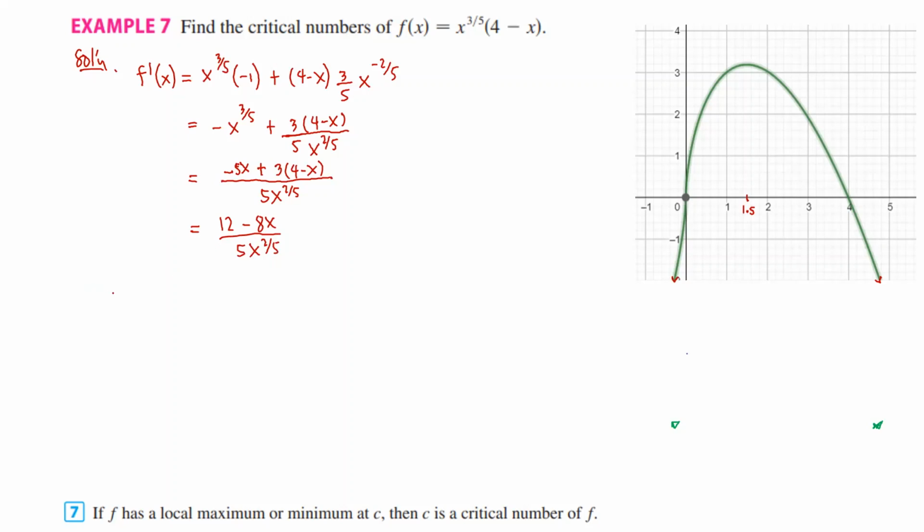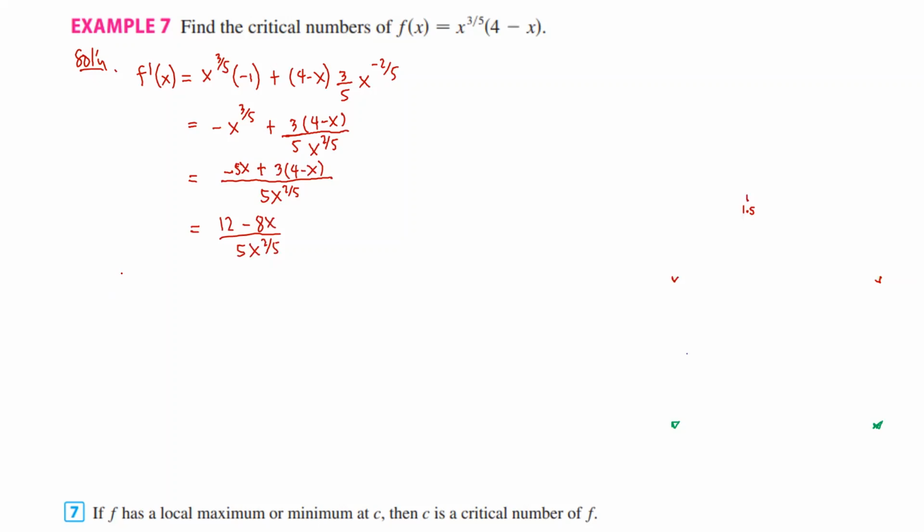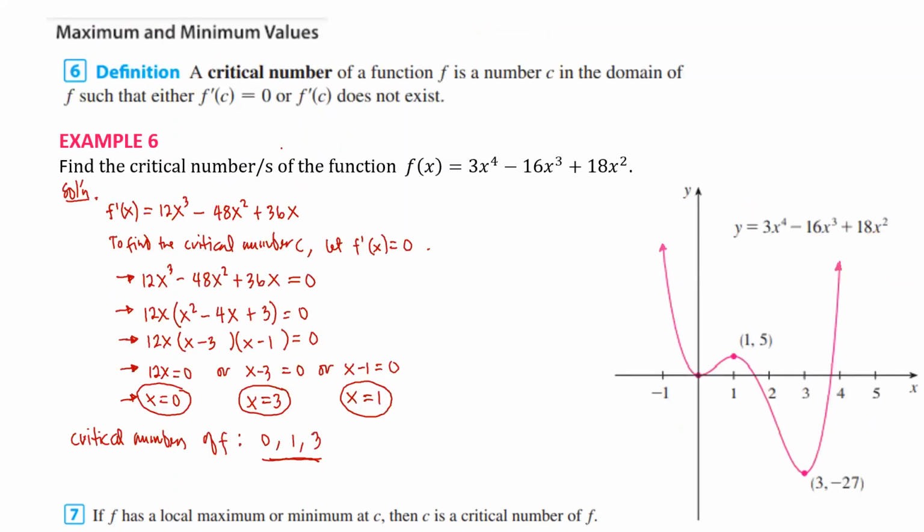Now, to find a critical number, there are two possibilities, no? One is your derivative is 0, or your derivative does not exist at c.